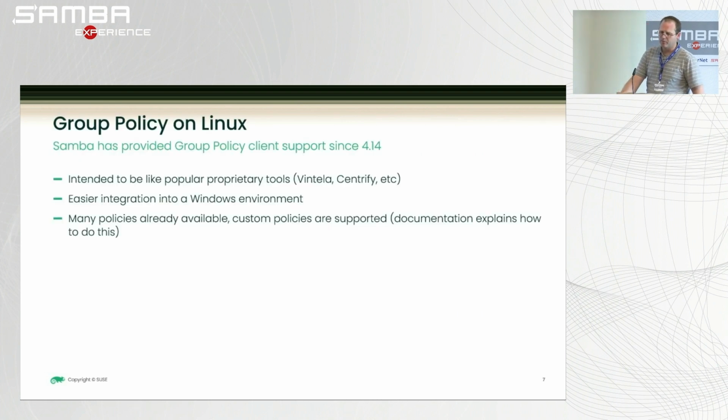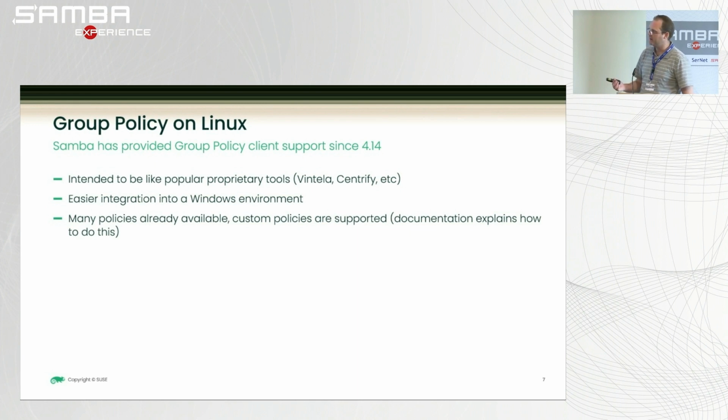So Samba has provided group policy client support since 4.14. It was pretty basic then. Only recently I've added group policy user support. Well, that was only added in 4.18-ish, maybe 4.17.